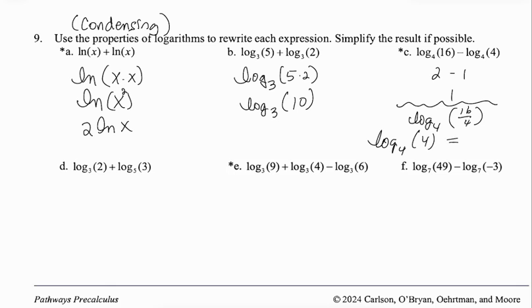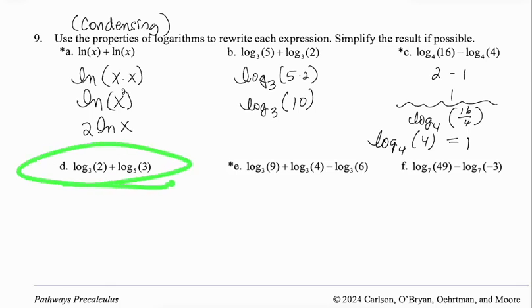What number do I put on a 4 to keep it a 4? 1. So if you decided to change it first, you'll get the answer of 1. If you decided to use one of our condensing rules and then get the power, you're still going to get 1. So there are multiple ways to do these problems. So it's a matter of how you want to look at them.